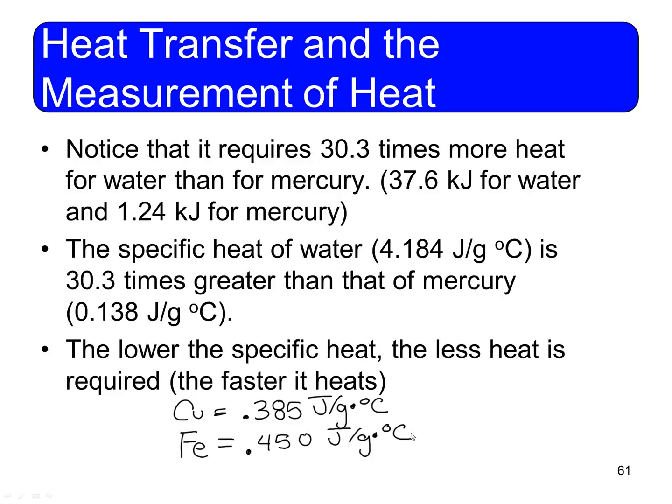So we have copper and we have iron, with two different specific heats. Okay, so which one of these metals, copper or iron, do you think is going to heat faster? Exactly. It's got the lower specific heat.